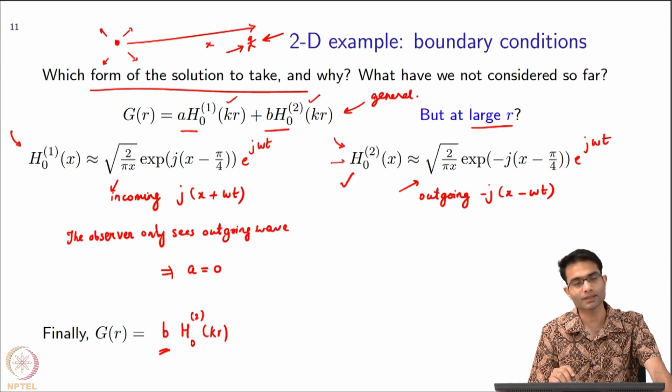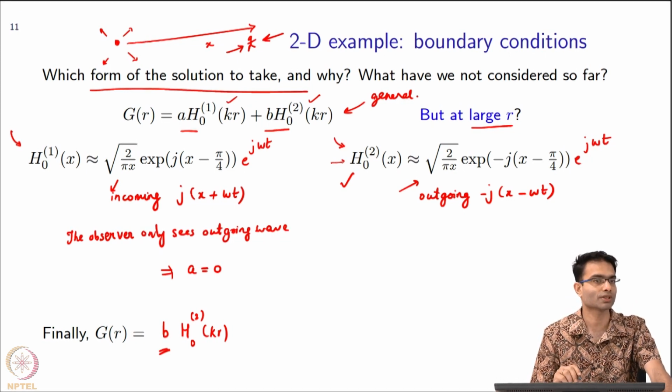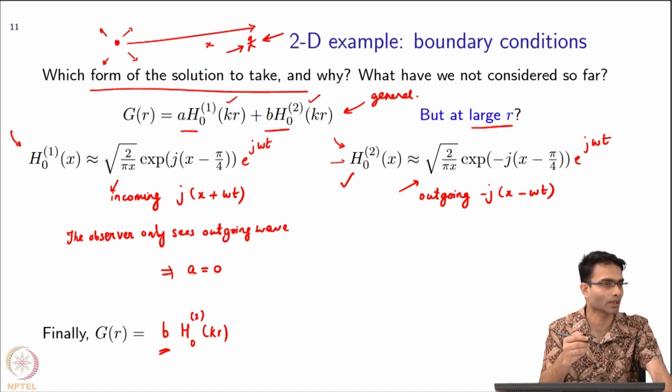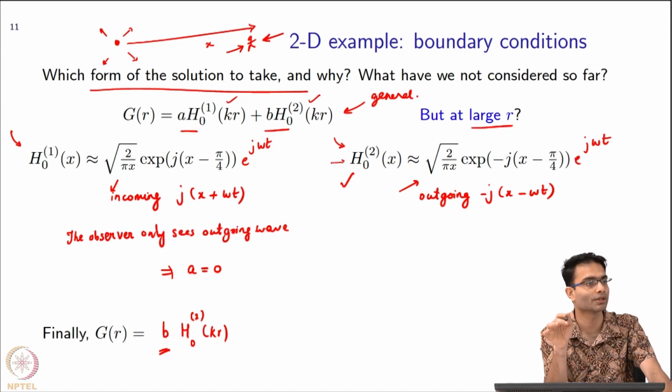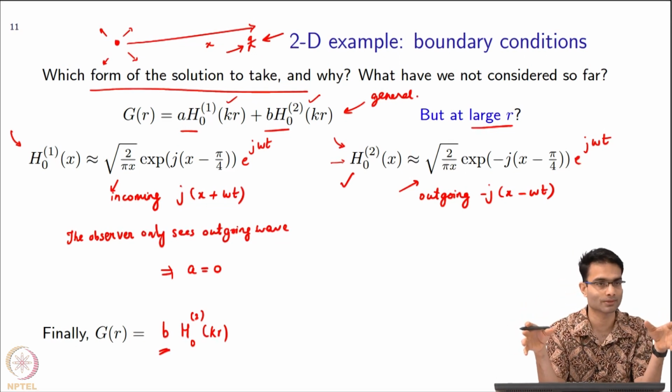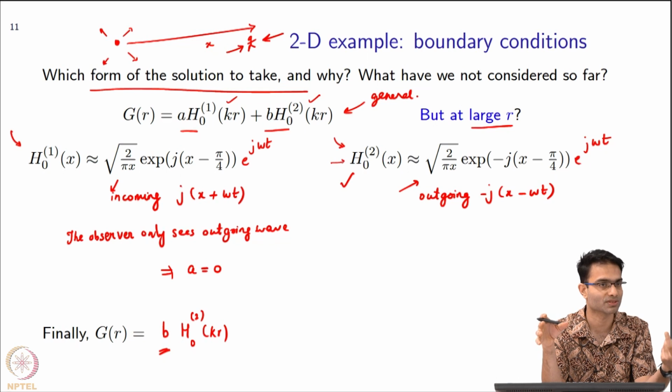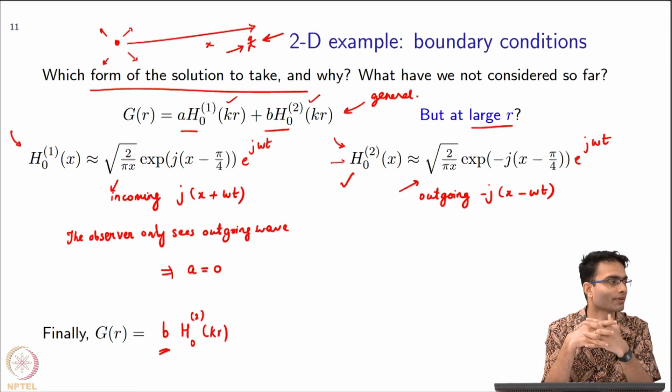What is the dependence like? 1 by root r, right. So, you can see whether it's r or root r, and then when you go to the 1D case, what is it? There is no such term in the denominator, right. So, in some sense, if I look at 2D and 3D, because they are truly the physical waves, in my opinion, it's the way energy has to be balanced in multiple dimensions, 2 versus 3. That's what is giving us this different form.